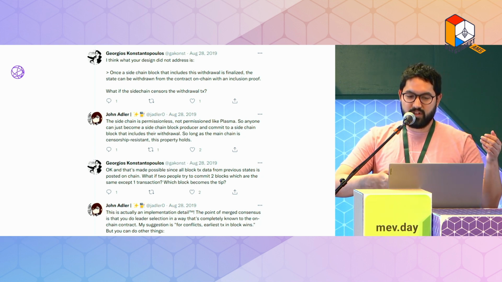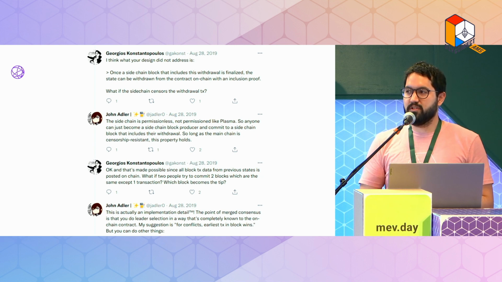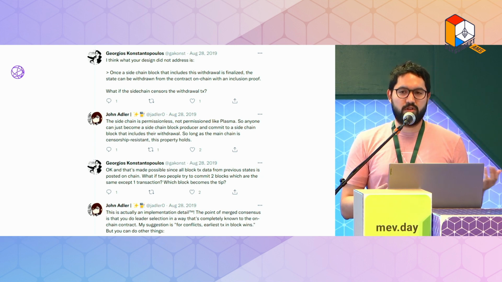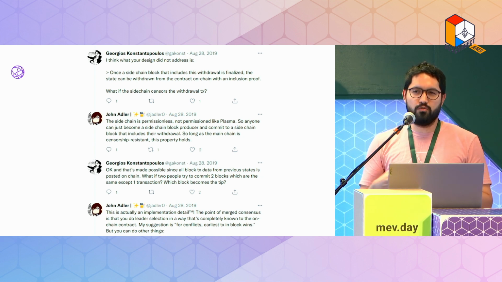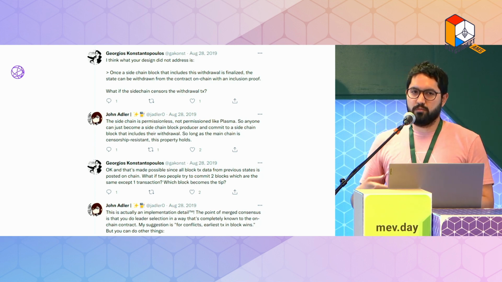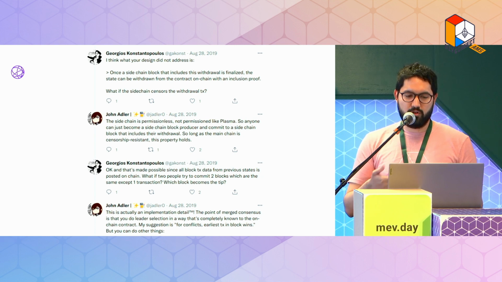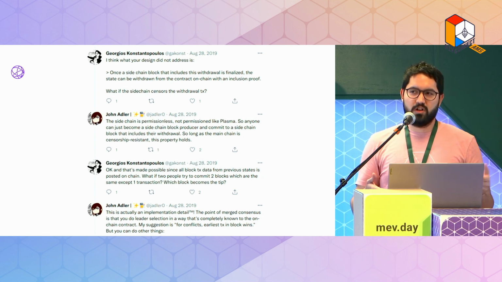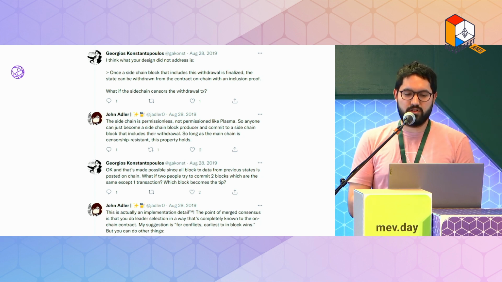Because there are certain things on the rollup that cannot be exited. Something like a Uniswap liquidity pool, right? That's not owned by anyone. You can't exactly exit it. Or if you're in some DeFi protocol and want to unwind your position, you can't exit that. You actually have to force a state transition into the chain.